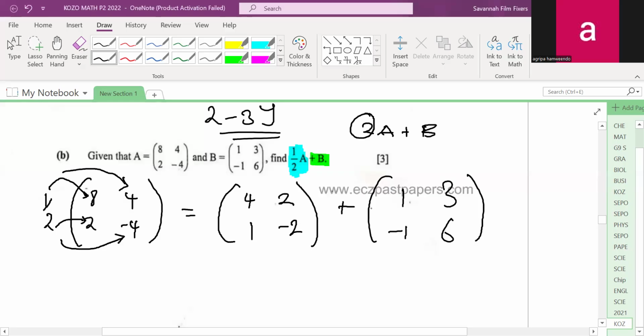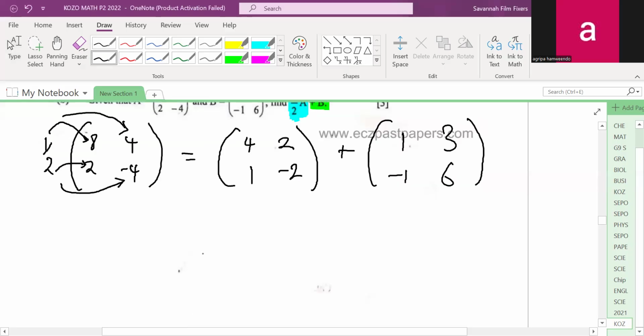So what do we do here now? We add. How do we add? We use the corresponding elements.